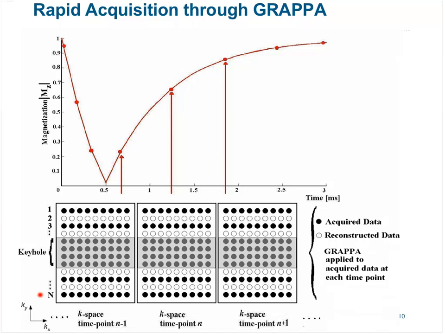And here you are not using any sort of linear interpolation in between time points, and you can use the acquired data and then apply the GRAPPA algorithm for reconstructing the missing data at the same time point. So GRAPPA algorithm can be used also for the rapid acquisition.